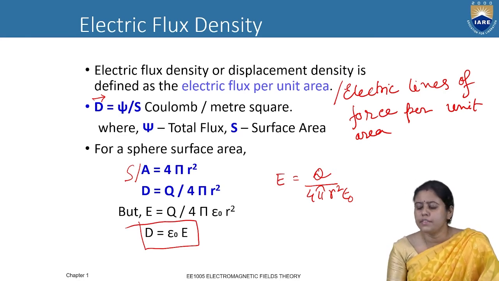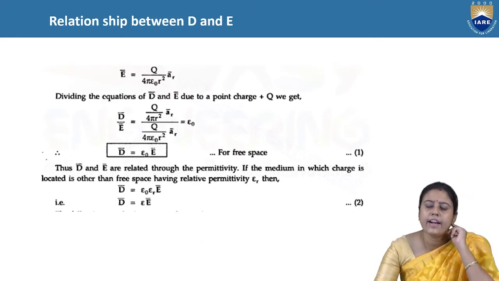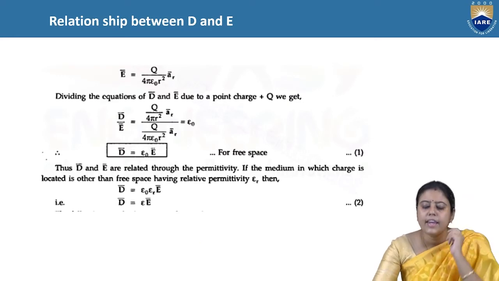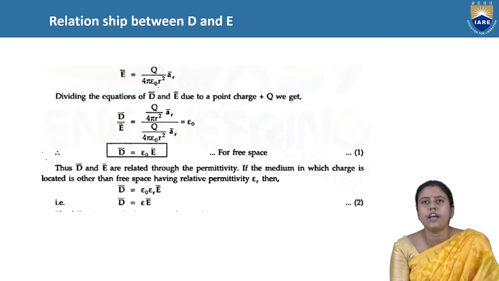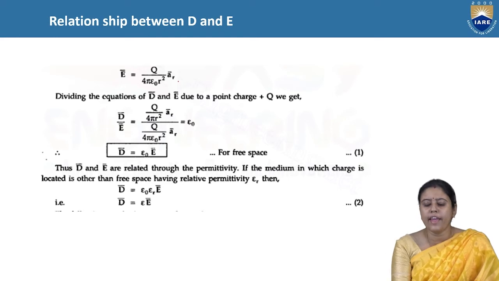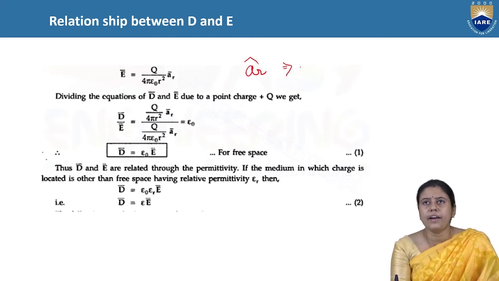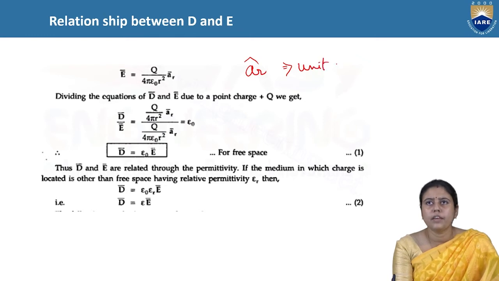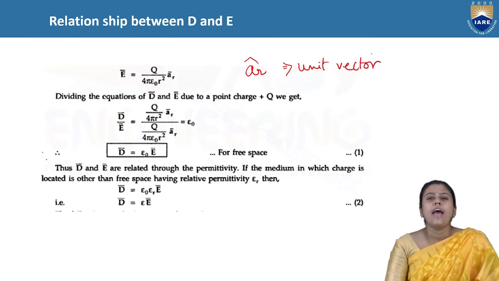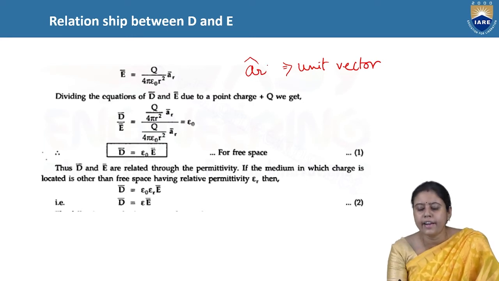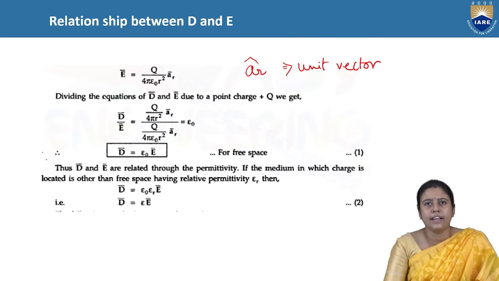So this is the relation between E and D. What is E? E, the field intensity, is equal to Q by 4 pi epsilon 0 R square AR. What is AR? AR is nothing but the unit vector. It gives the direction of E. And why is the direction R?